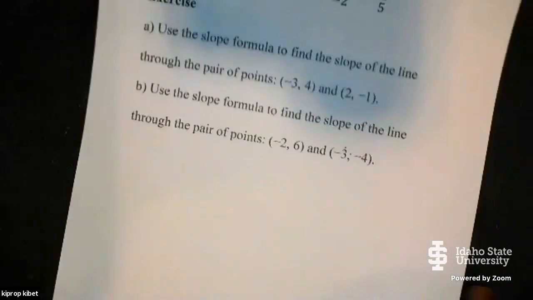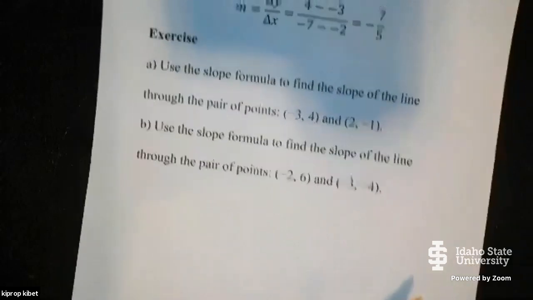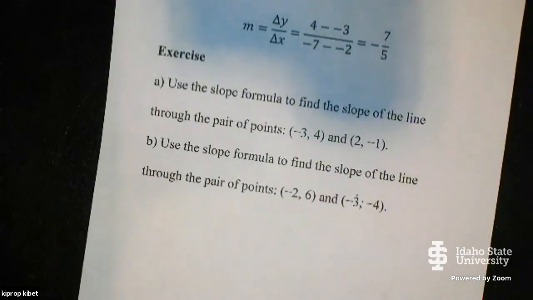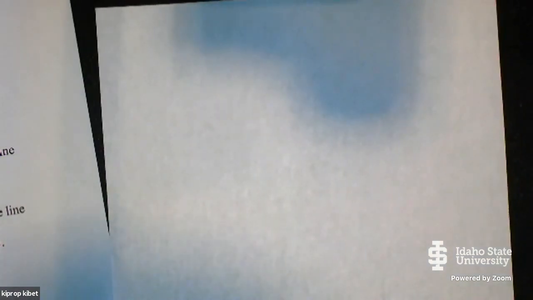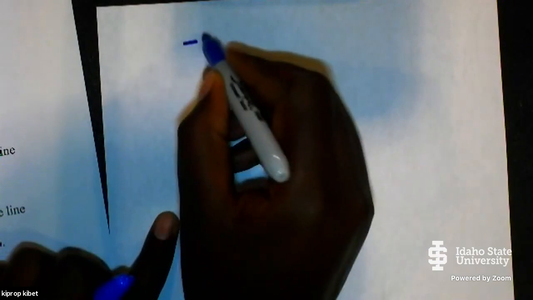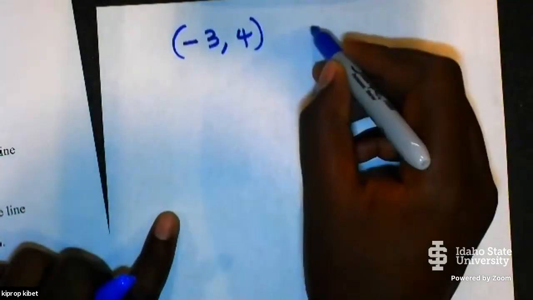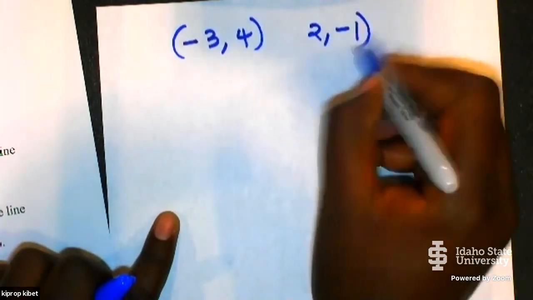Okay, an example. Let's look at this example here. Use the slope formula to find the slope of the line through the pairs -3, 4, and 2, -1. So the points are these, -3 and 4, and then 2, -1.